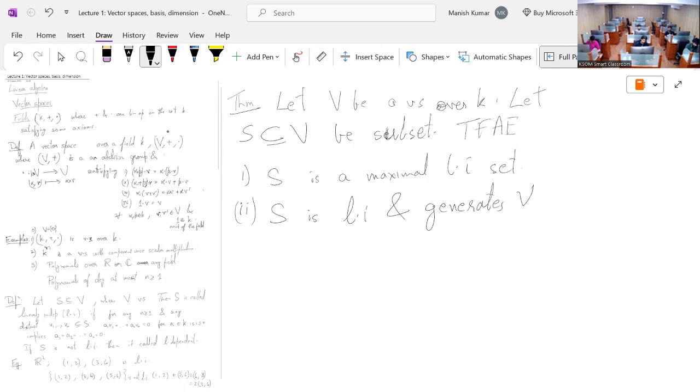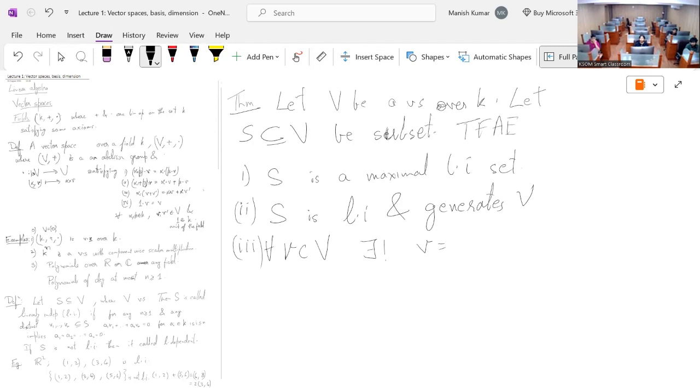Three, every element of V is uniquely written as a combination of elements of S. For all v in V, there exists a way to write v, and it is unique.